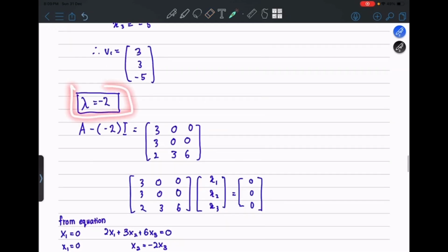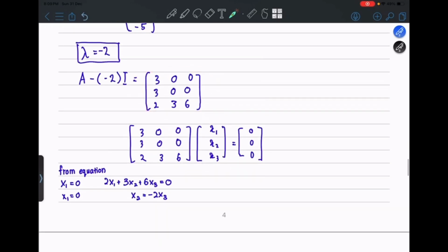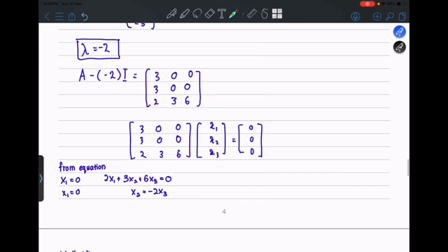The other lambda is lambda negative 2. So just like before, you put this negative 2 inside the formula, A minus lambda times identity. You already know this part, so I'll just write the answer right here. From this matrix, you can write it into this form, just like the other lambda before.